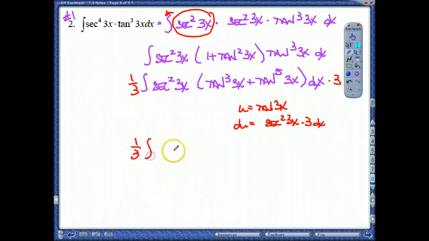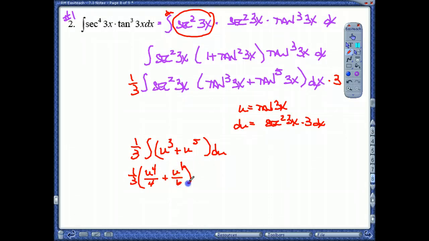So we now have 1/3 u to the third plus u to the fifth, all du. So that's going to be 1/3 u to the fourth over 4 plus u to the sixth over 6, and then substitute that back out. So I have tangent to the fourth over 12 plus tangent to the sixth over 18.